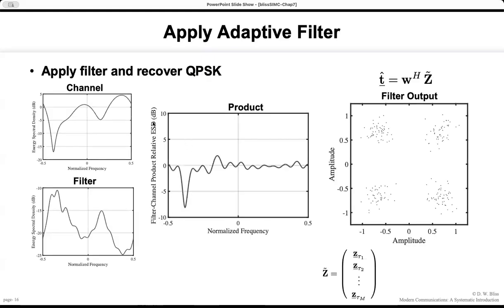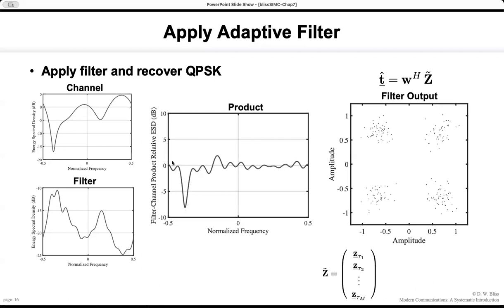Now we can put it all together. So we have the messy spectral shape of the channel, and then we have basically our adaptive equalizer, our adaptive filter, which is going to try to compensate for it. So then if we run our signal through the channel and then through the filter, what we see here is that it gets pretty flat.